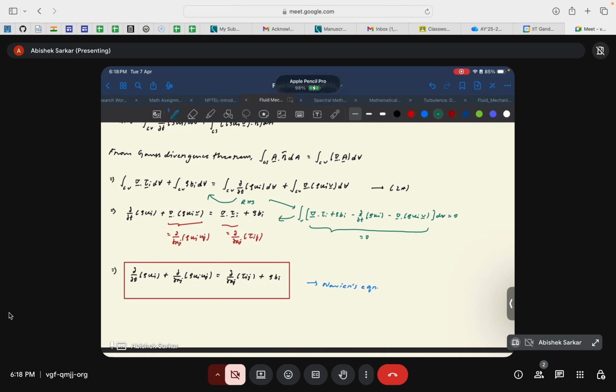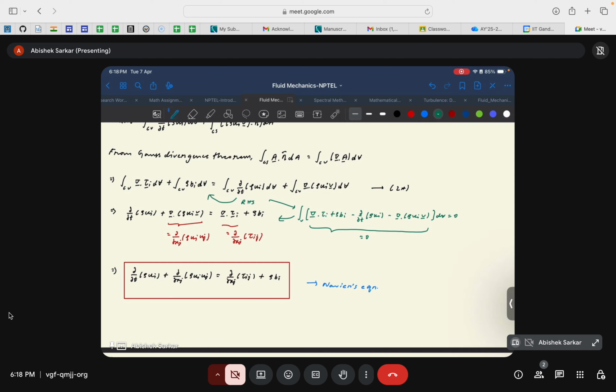This generalized form of the momentum conservation equation in terms of the shear stress components is also known as the Navier's equation. I think it was already emphasized by Professor Chakraborty in the lectures. So this is known as the Navier's equation, not the Navier-Stokes equation. We will see how the Navier-Stokes equation is obtained. This equation is also known as the Cauchy momentum equation.